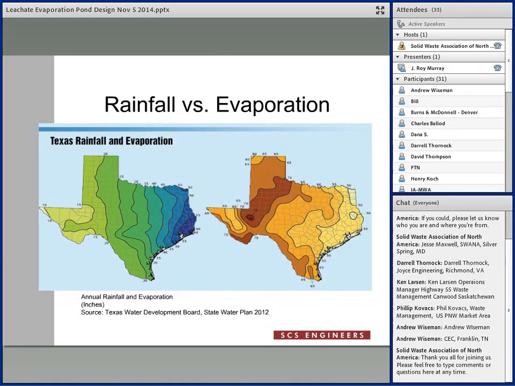For my example today, we're going to be using Texas. These are just two maps. One of them is showing the annual rainfall on the left, and on the right is the annual evaporation.